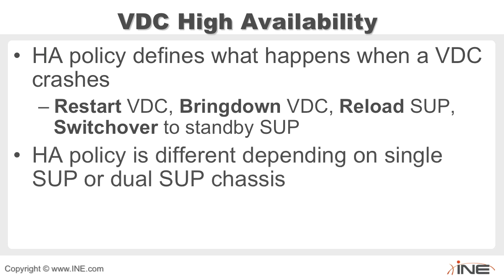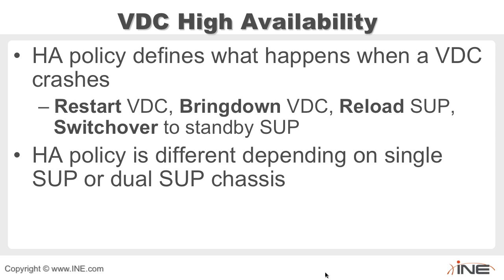So the high availability policy can be different, first of all, depending on single supervisor. Of course we would never do this, but if I happen to only have one supervisor in the switch, then I'm going to have a particular policy for single supervisor, what I should do. Or if I have dual supervisors.